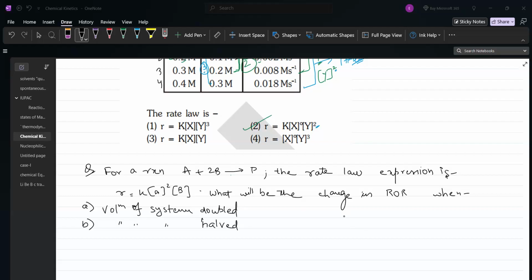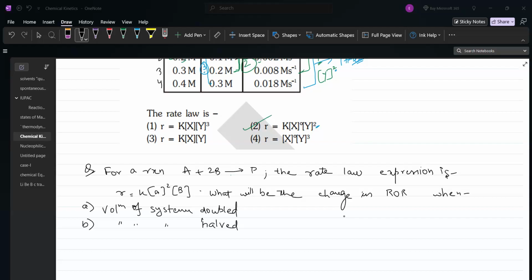Zaina and Harshita, I'm asking a question. For example, if I am doubling one of the reactants and the rate of reaction becomes half. What is happening? The rate of reaction is becoming half, I'm telling you. I'm doubling the reactant, however the rate of reaction is becoming half.